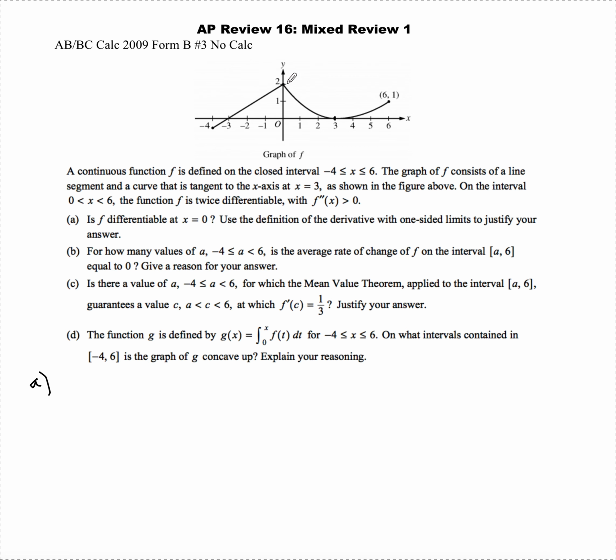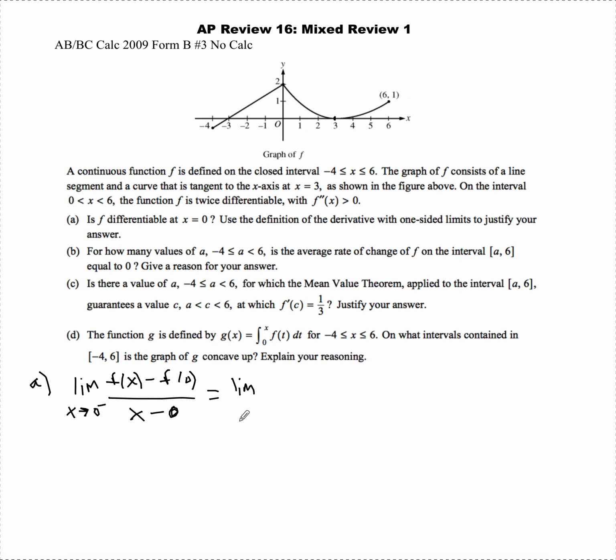Well, it looks like we're not differentiable there because we have a corner or cusp, but we need to show that using the definition of a derivative. So to show that there's a corner, basically we need to show that the slope from the left and the slope from the right are not equal. So I could say the limit as x approaches 0 from the left of f of x minus f of 0 over x minus 0, I just need to show that that is not equal to the limit from the right of the slope.